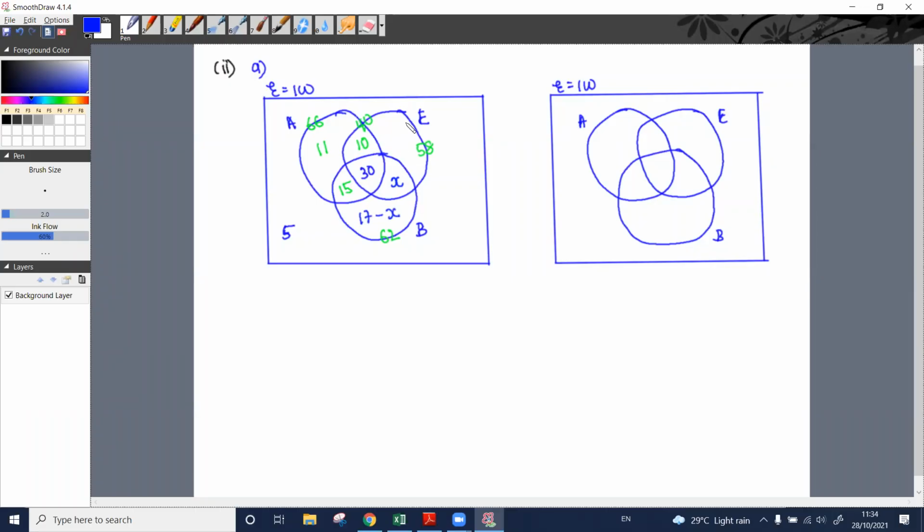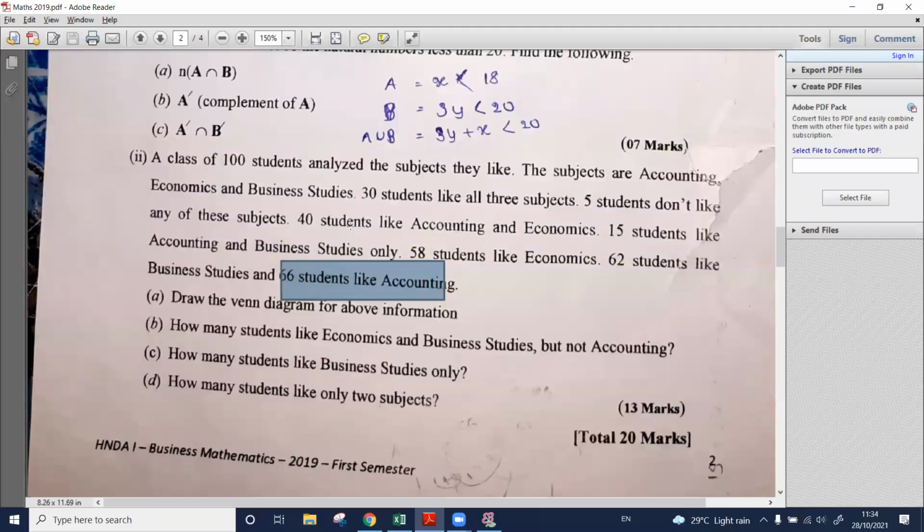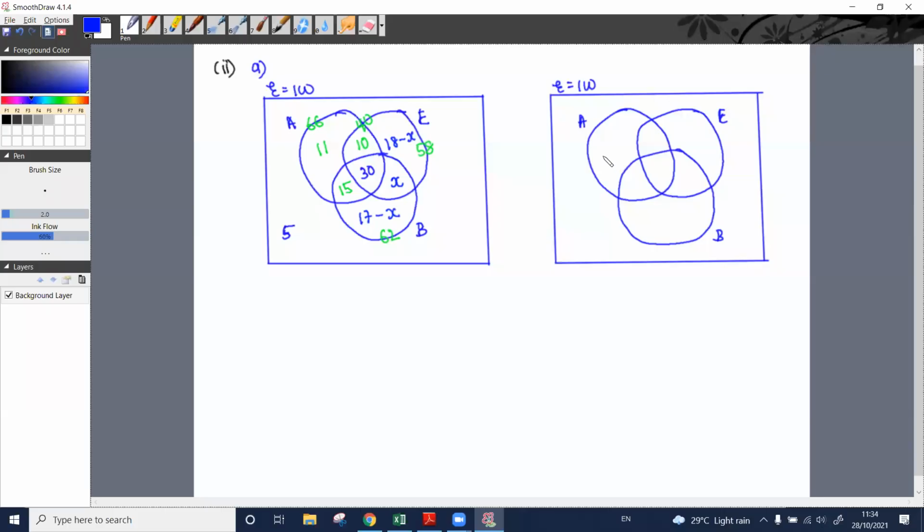Here it should be 58 minus 40, 18. 18 minus x. Right. So here we need to find the value of x. To complete this Venn diagram, we need to find the value of x.